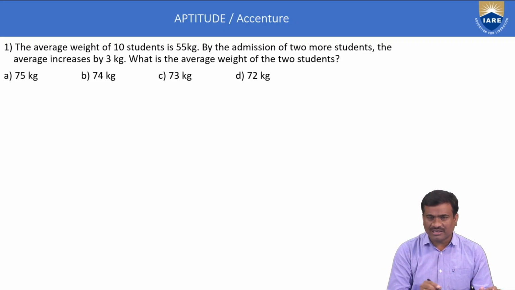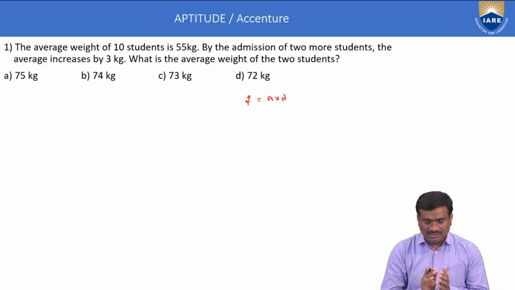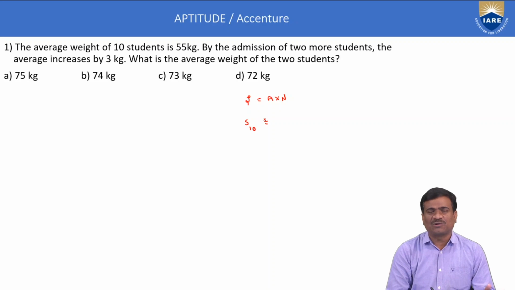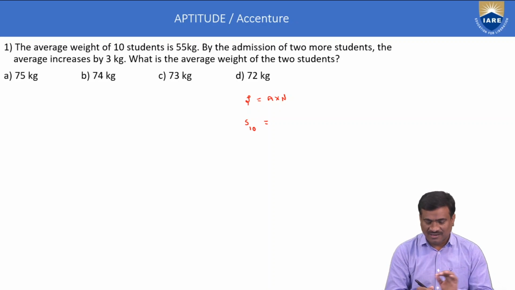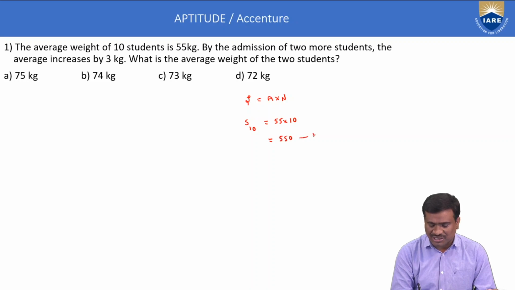Method: A is equal to S by N, or S is equal to A into N. Apply shortcut method. Sum of 10 students, first by using first statement, sum is equal to average into number of persons. Here, average 55, number of persons 10, is equal to 550. This is equation number 1.